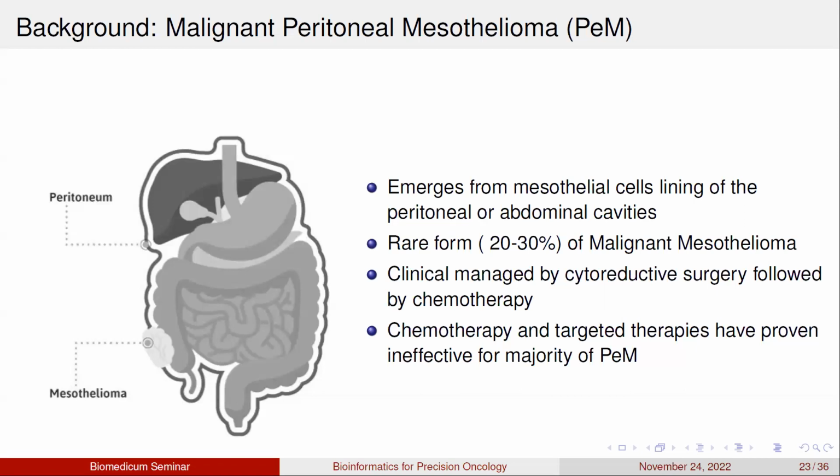If a patient presents with peritoneal mesothelioma, the doctor performs surgery, and immediately after that, chemotherapy. That's the standard of care to date. But these chemotherapies are not effective, and there are still no known targeted therapies for the majority of mesothelioma. So we were interested in identifying whether we can predict any possible driver genes within this rare cancer.